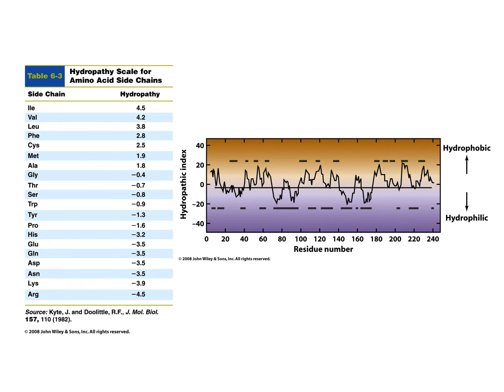Going through the protein residues from the first one at the N terminus to the last one at the C terminus, you can calculate the hydropathy based on the residues or amino acid sequences, and tell that at some regions there's a high hydropathy and at others a low hydropathy.